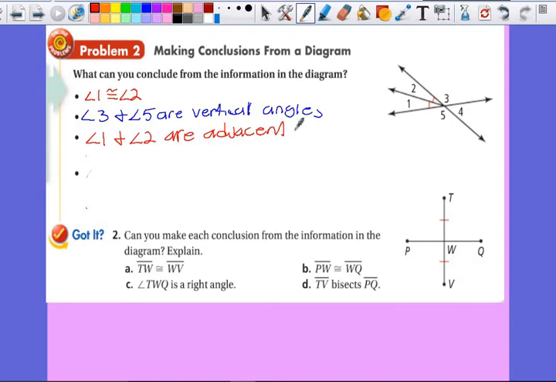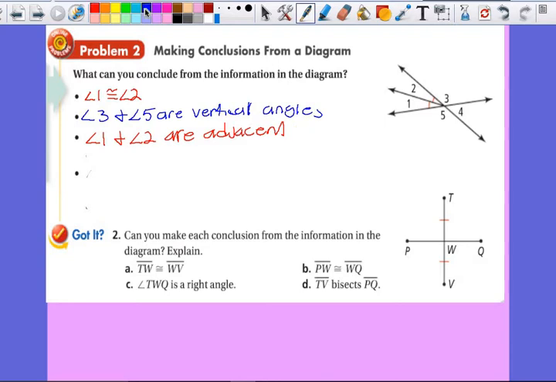You can go down the list. There's a lot more. You could do angle 2 and angle 3, angle 3 and angle 4, angle 4 and angle 5, angle 1 and angle 5. I'm not going to do every single one of them just because hopefully you get the idea of adjacent and you can play off of that pretty easily, okay?